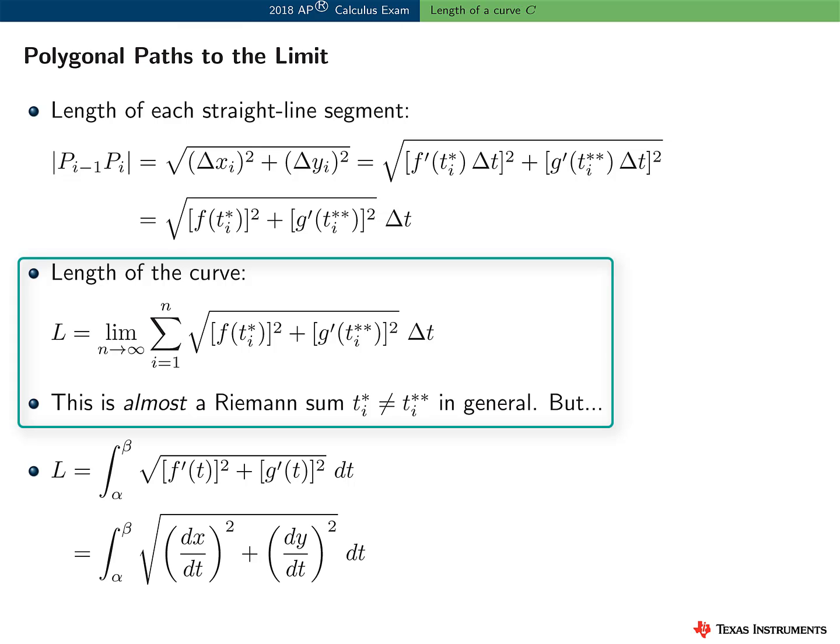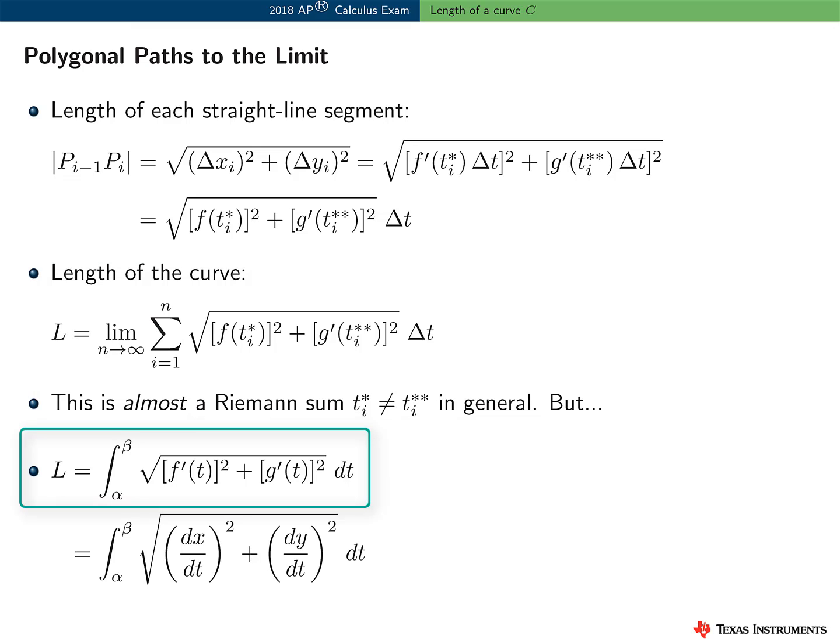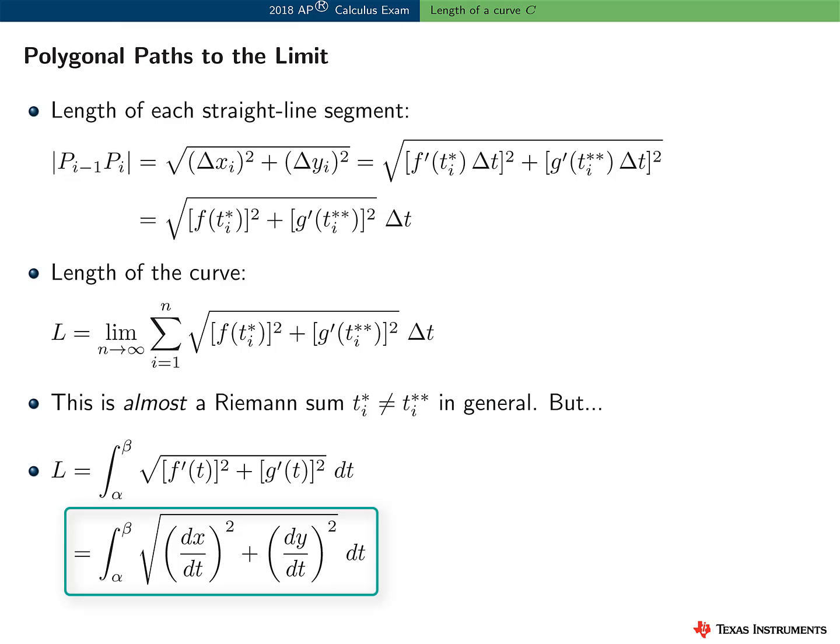It's not exactly because t sub i star is not equal to t sub i double star in general. However, if f prime and g prime are continuous, it can be shown that this limit is the same as if t sub i star equals t sub i double star. Therefore, the length of the curve C is given by this integral expression. And here's another way to write this using Leibniz notation, which is the same result we obtained by transforming the original expression for arc length.